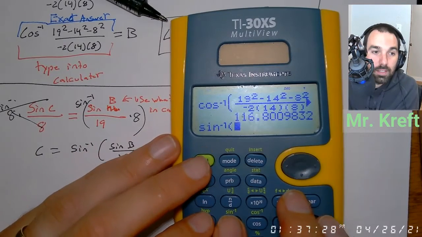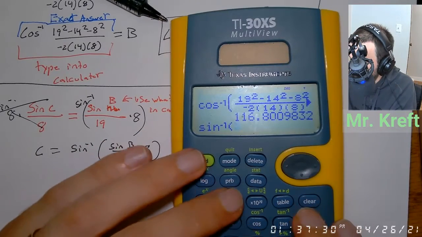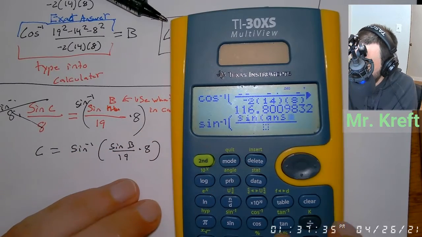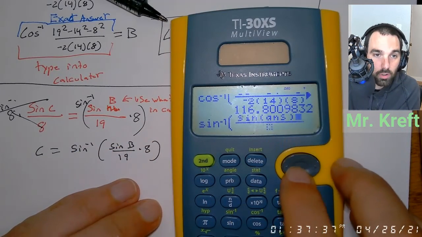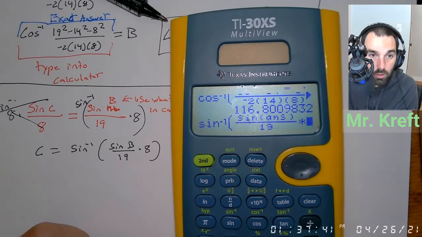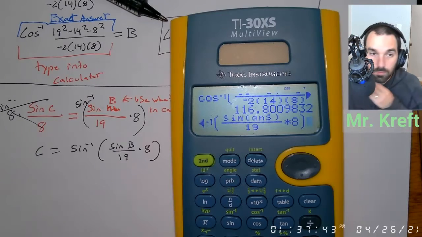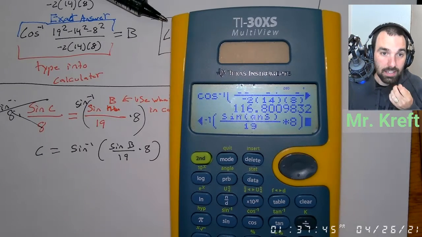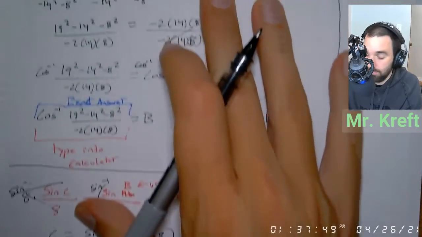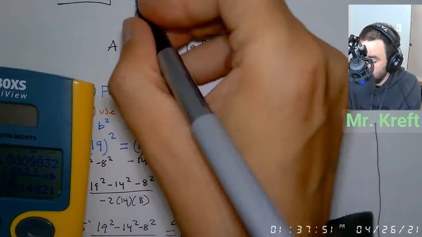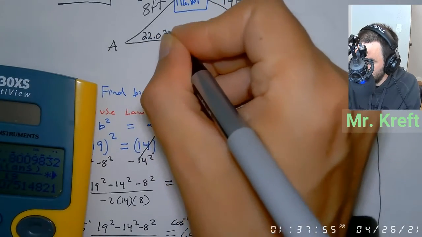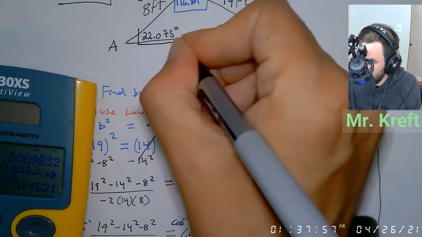Okay, sine inverse, and then I have sine, and then I can do answer over 19 and then times 8. And I get approximately 22.075.